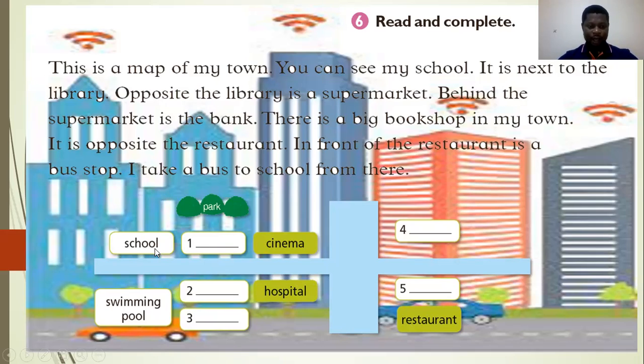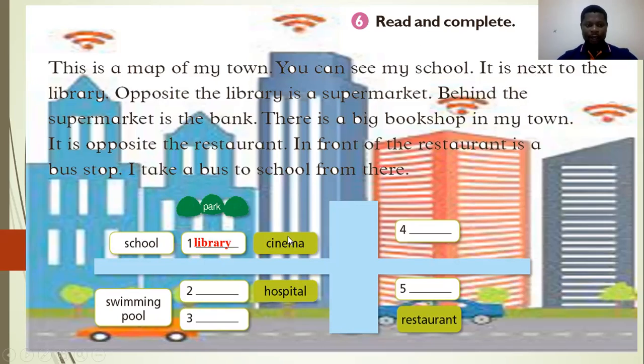Let's start here. He said this is a map of my town. This is a town and this is the map. You can see my school. It is next to the library. So school is next to, you know what? The library.